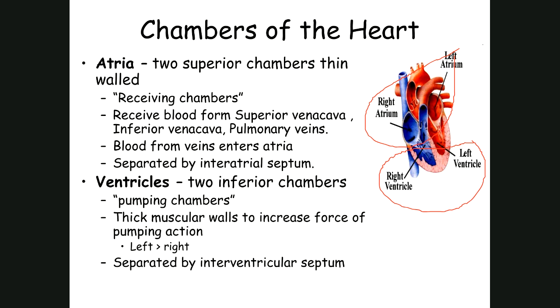So the atria, what will they do? There are two atria, the right atrium and the left atrium. They are the receiving chambers of the heart. They receive the blood. From where?